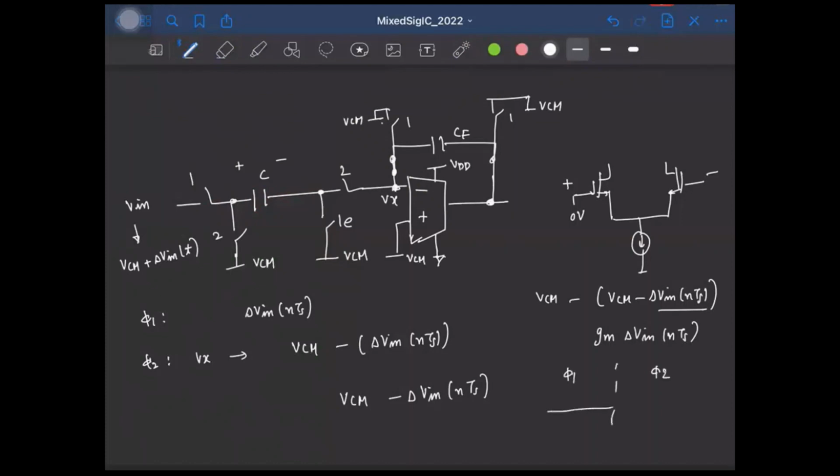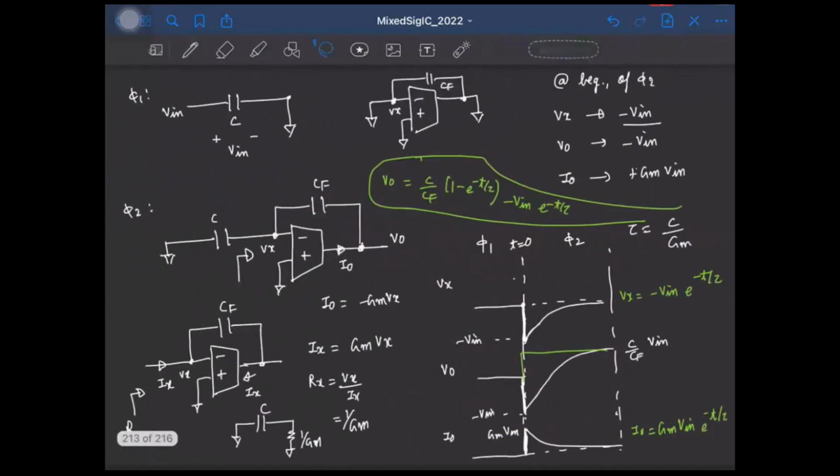This will be at VCM, right? And because that is the voltage to which we are resetting this. Okay, and during φ2, it will jump down by an amount of delta Vin, right? And then it will exponentially increase to VCM once again, right?